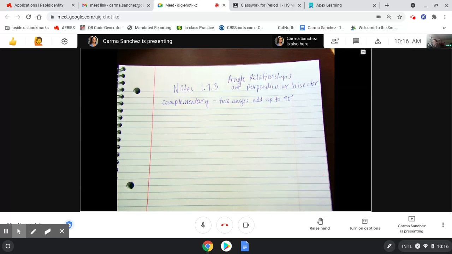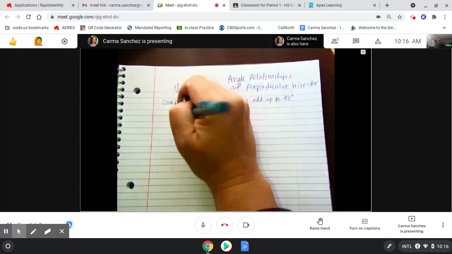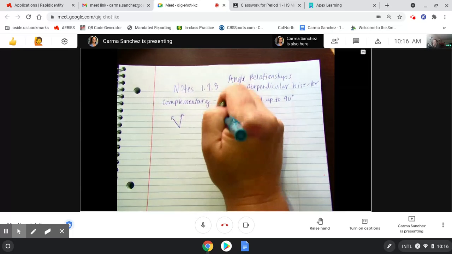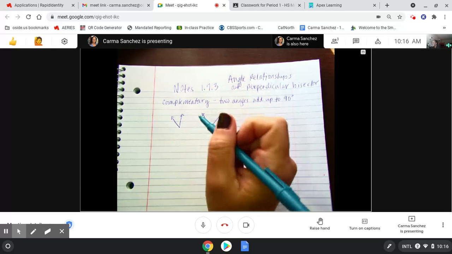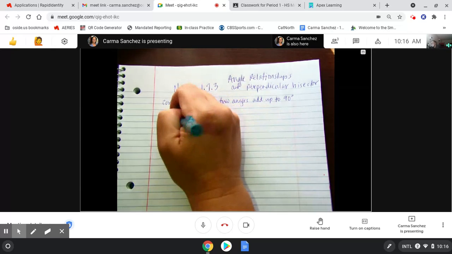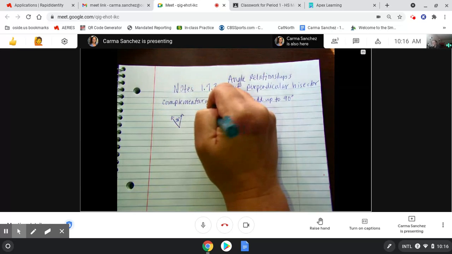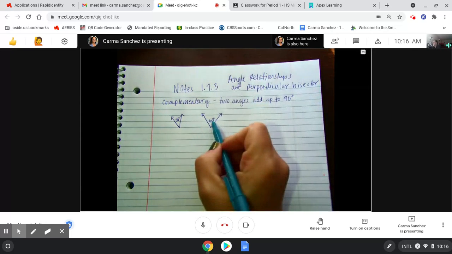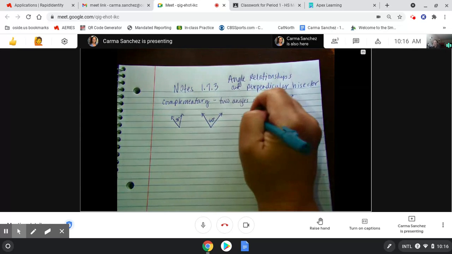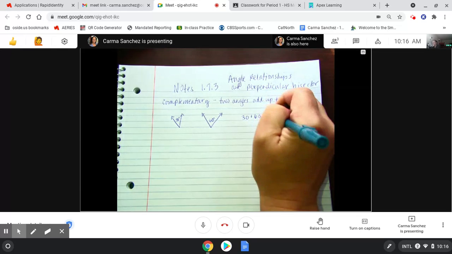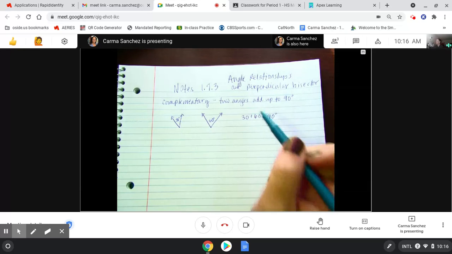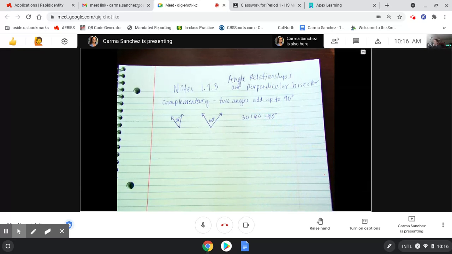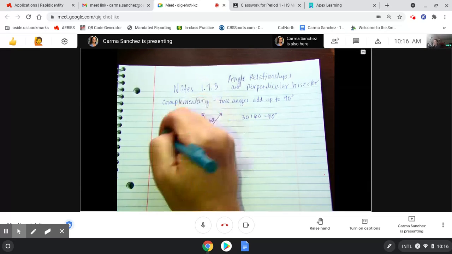So picture I've got some angle over here and some angle over here, or they could be touching or adjacent, but these two angles have measures of 30 degrees and 60 degrees. So I could technically say that 30 plus 60 equals 90. So we could say that these angles are complementary. Hopefully this is a word that you do recall from past geometry lessons.